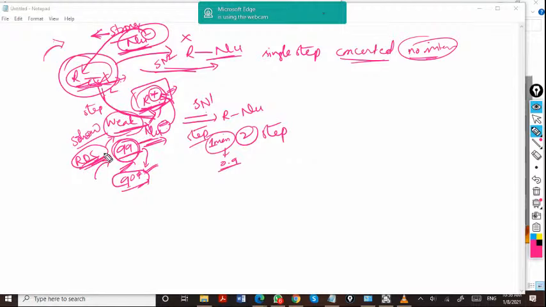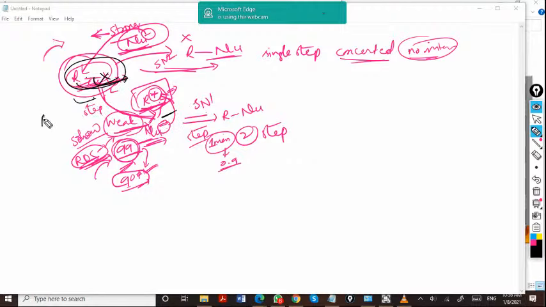That's why it is called the rate determining step. In the rate determining step, the rate of the reaction depends on the alkyl halide. If the alkyl halide readily leaves the halogen or leaving group, then it can be faster. If it is not able to leave the halogen, then it can be slower.